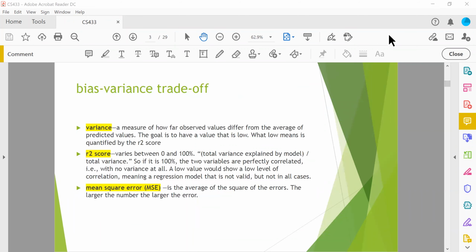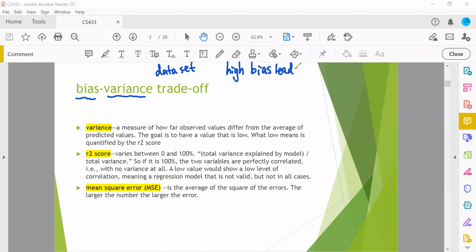And then, previously we learned about variance and bias. Do you still remember, if your data set has a higher bias, normally it will lead to what kind of problem?